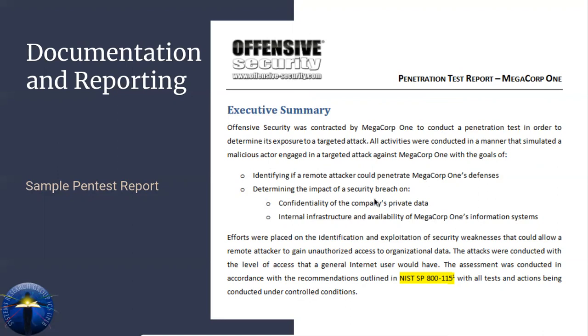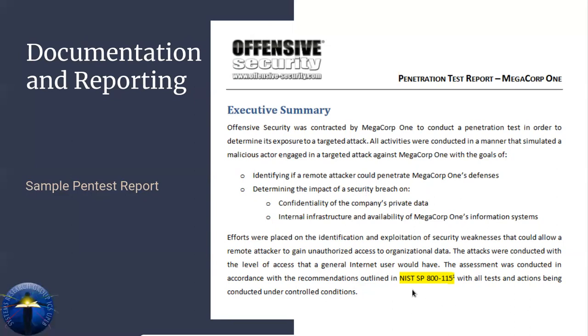What it shows here is the goal of the pen test. It has two main goals, and the second one has two sub goals. Right? So these are the goals of the pen test, and then also some description on how the pen test team performed the test.